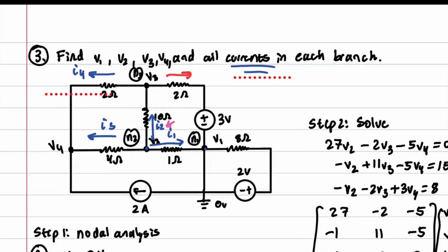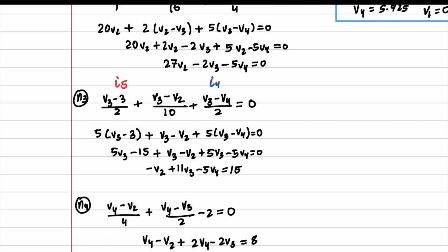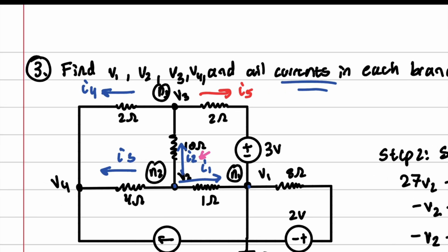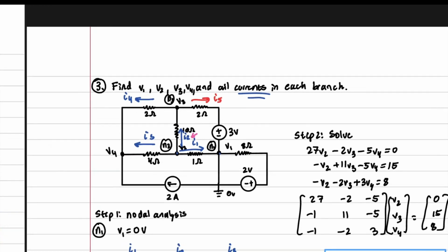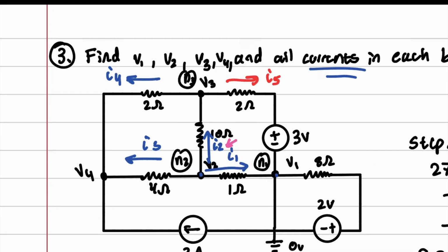I forgot to label this. And V4 to V3, that is already labeled. And that seems to be it.